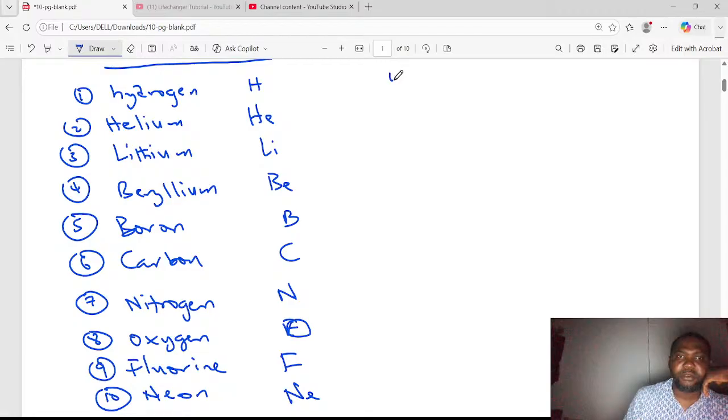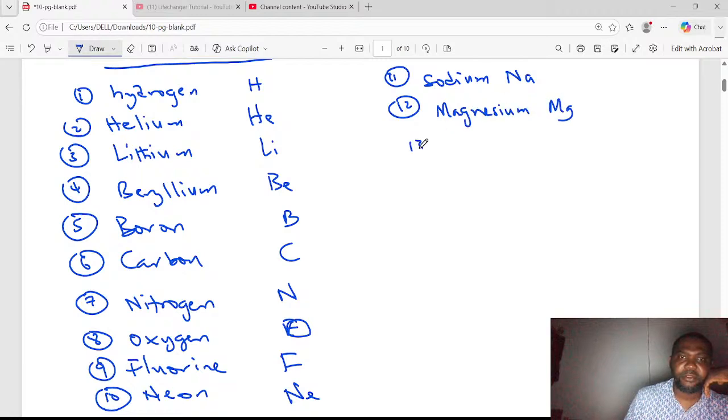Then we have number 11. We have sodium. Sodium is Na. Number 12, we have magnesium. Magnesium is Mg. Number 13, we have aluminium.